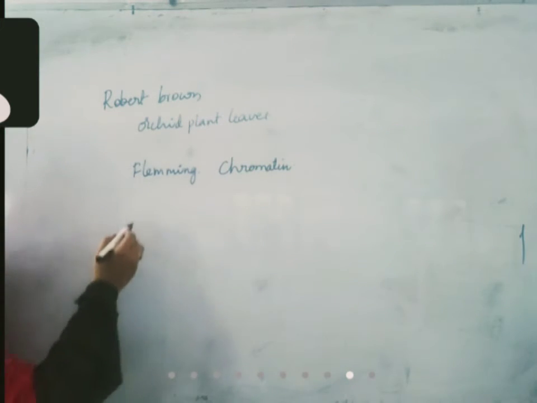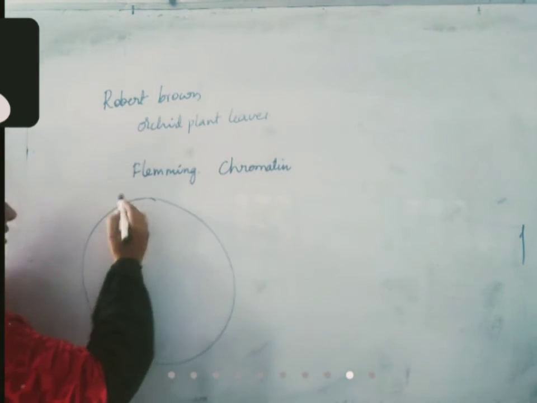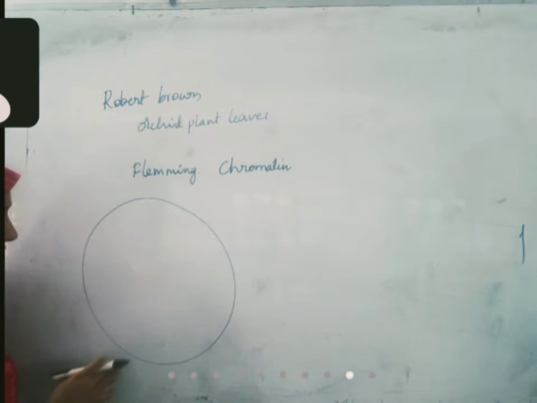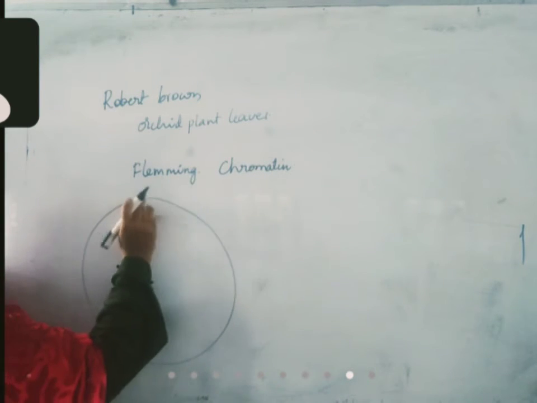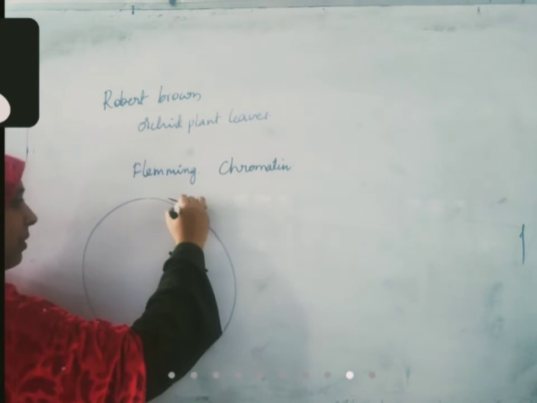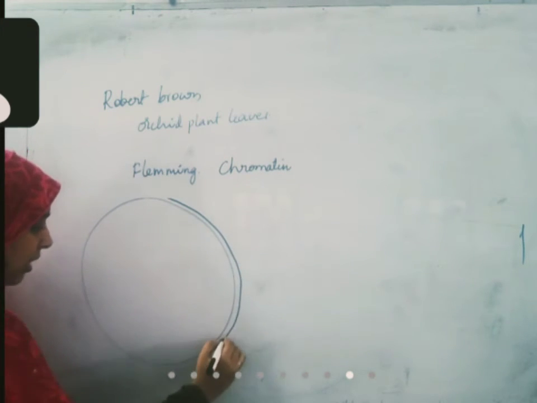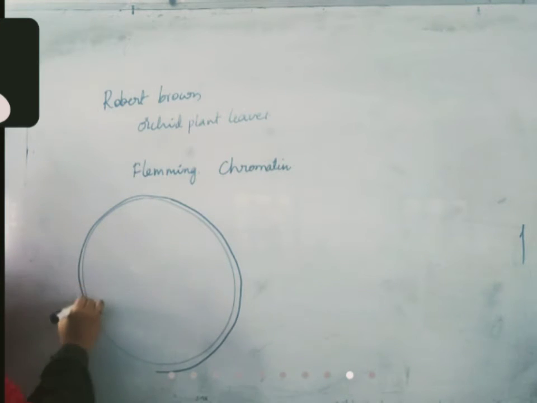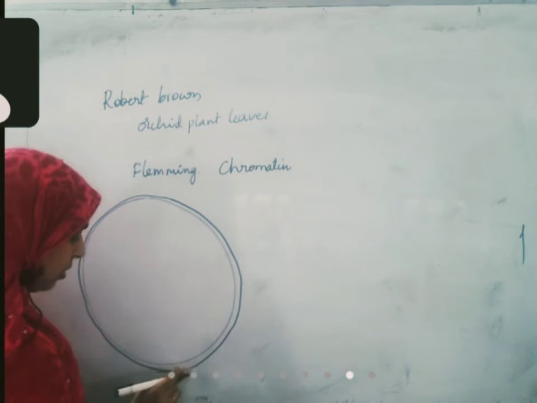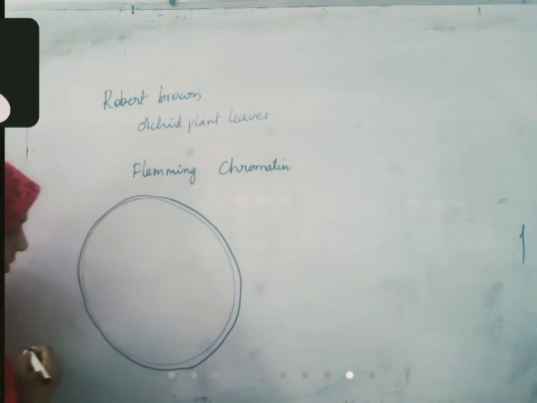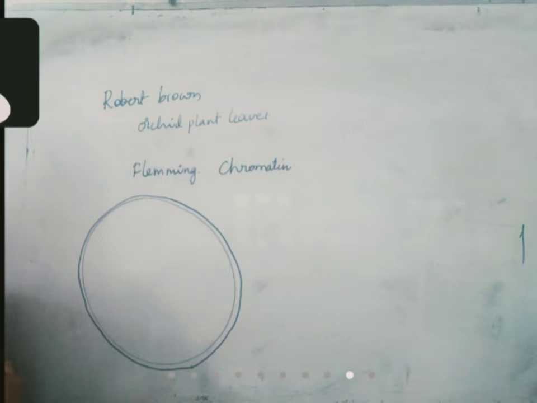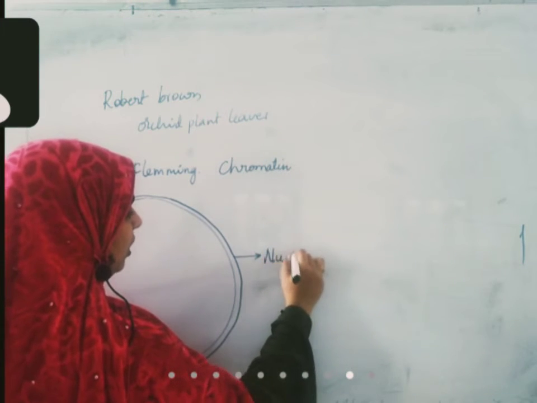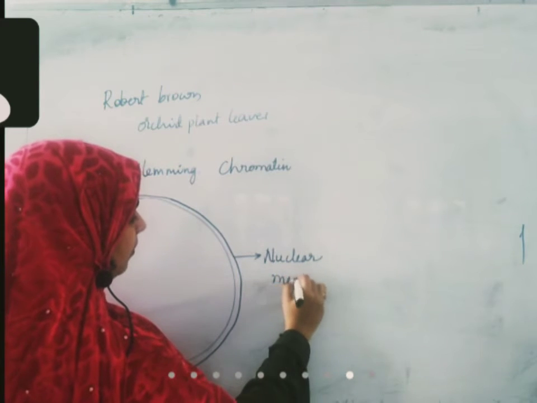So when you observe the structure of the nucleus, it is circular, most of the time, except in some cells. We have seen WBCs have different types of nucleus, and it is covered by a double membrane envelope. This envelope is called the nuclear membrane.